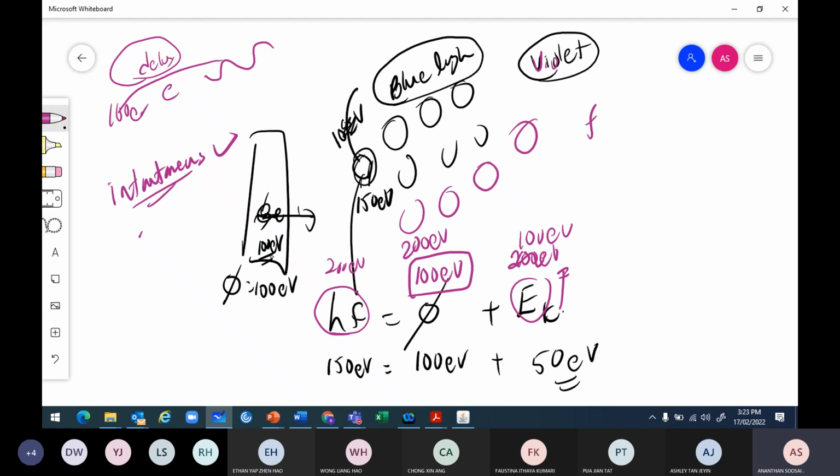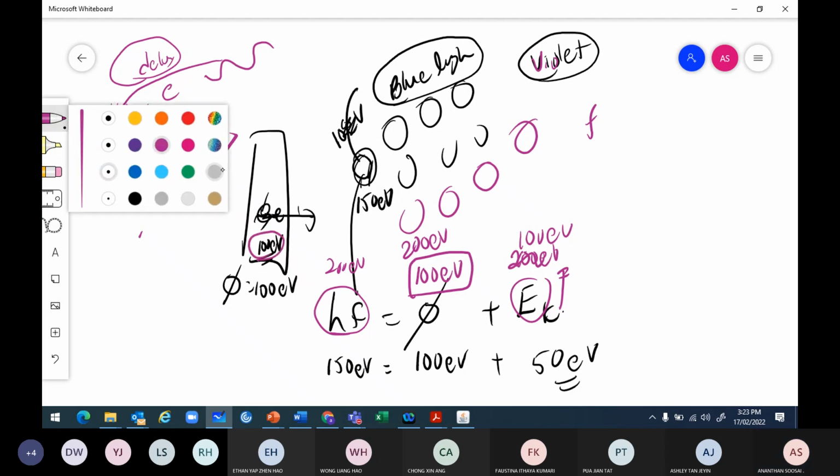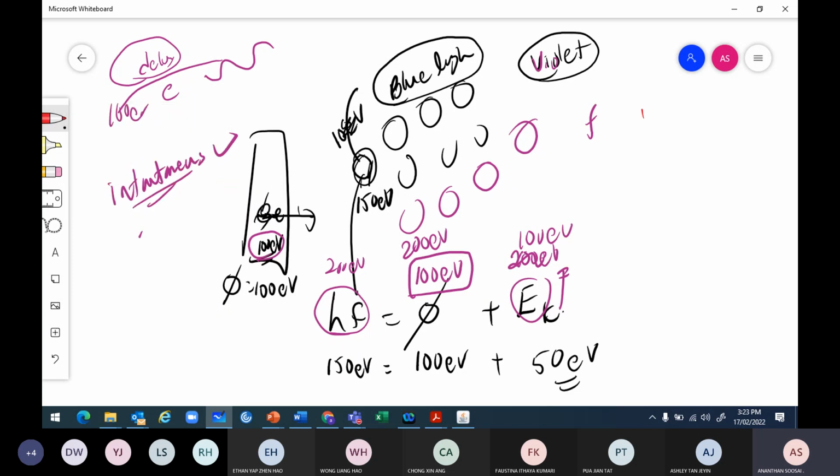Let's say the electron bonding is 100 eV. You send red light, which has a very low frequency. Let's say one photon of red light is only 80 eV. You shine it on this metal plate, where the electron is bonded with 100 eV.